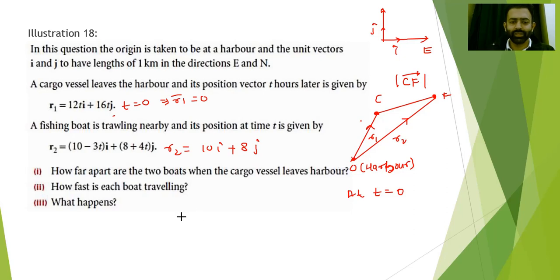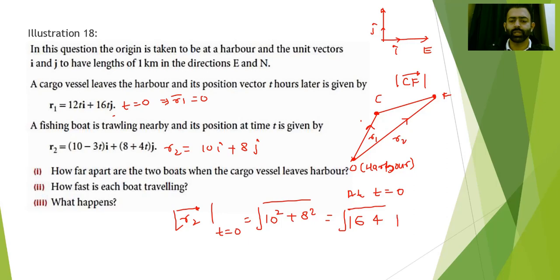So we just have to find the modulus of r2 when t is 0, which is the square root of 10 squared plus 8 squared, so it is root 164 kilometers, because all these units are in kilometers. Fine, so this is your first part.